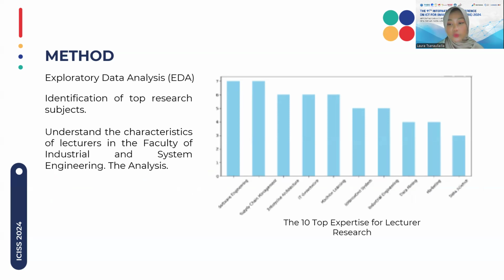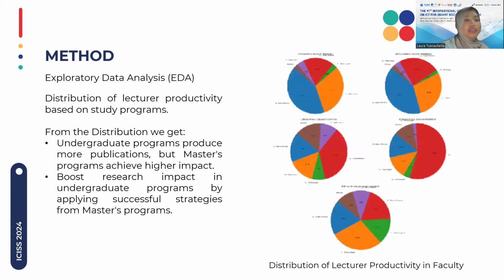Next is the exploratory data analysis or EDA, which identifies top research subjects and the characteristics of lecturers within the Faculty of Industrial and System Engineering. The analysis highlights the top 10 areas of expertise for lecturer research. Then we can see the productivity distribution, which examines the distribution of lecturer productivity across the study programs.